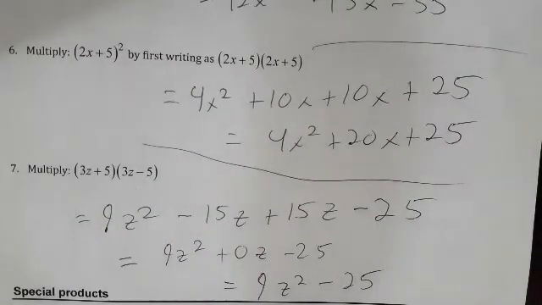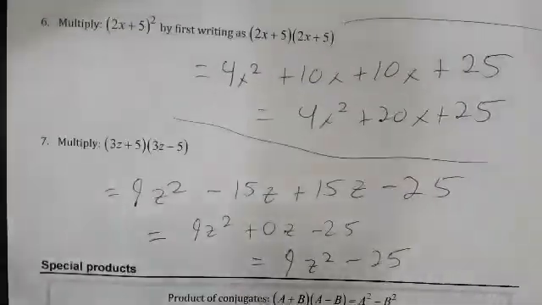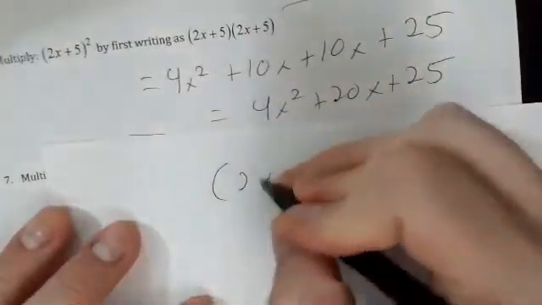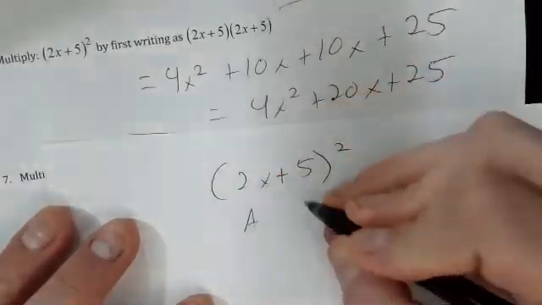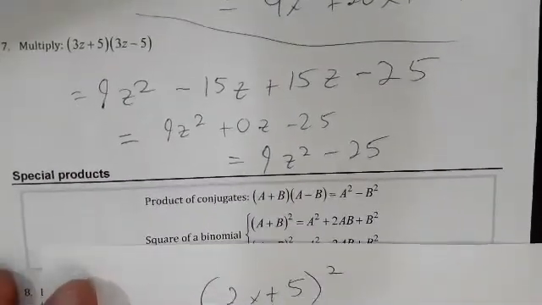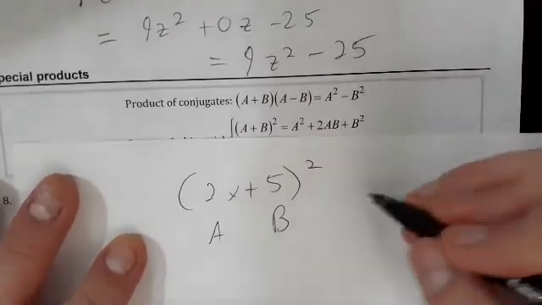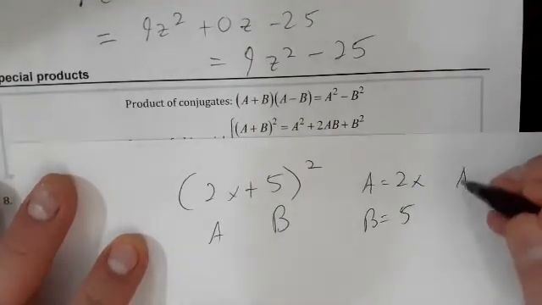The other thing, square of a binomial. So if we see something like 2x plus 5 being squared, this is like our a, this is like our b. So this is the a plus b squared form of the polynomial. So again, my a is 2x, my b is 5. I'm probably going to have to figure out what their squares are.